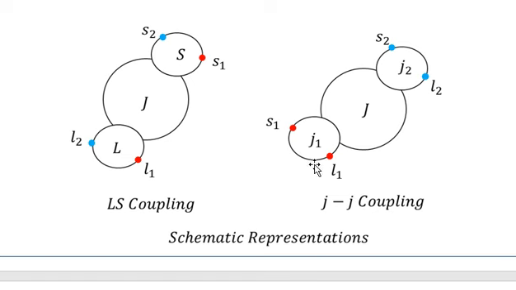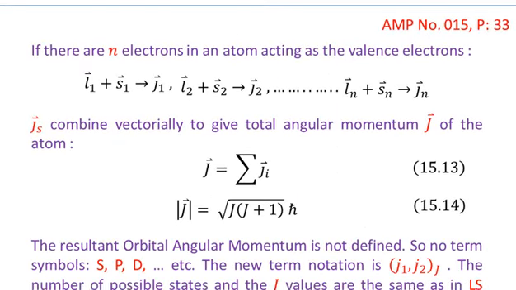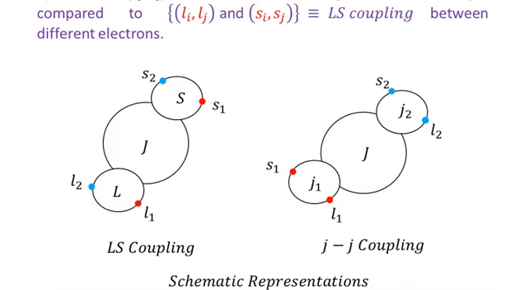The individual orbital and spin angular momenta of the individual electrons combine together to produce individual total angular momenta J1, which then combine with the total angular momenta of the other electrons to produce the total value of J. So this is called JJ coupling. I have discussed this picture for the JJ coupling only for the 2 electrons.